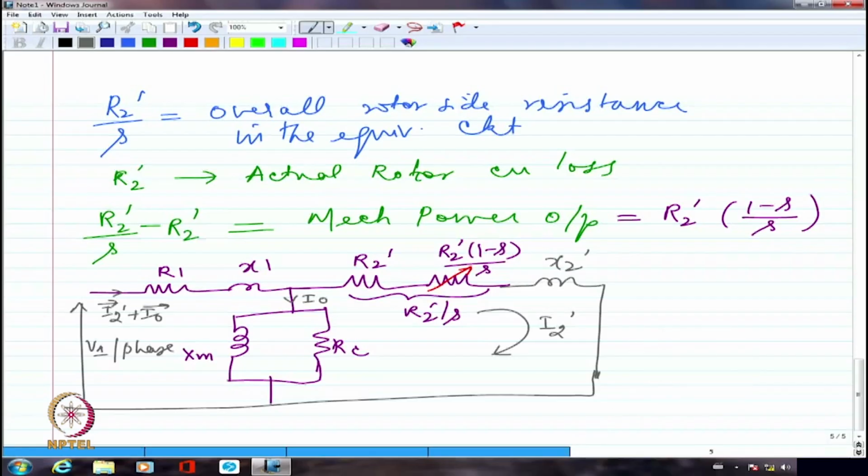XM and RC will remain the same, meaning? Yes. That will not change because I am looking at the whole thing only from the stator side. No change at all, because the stator is still at F1. The stator is not rotating.